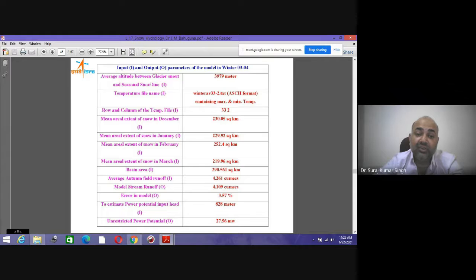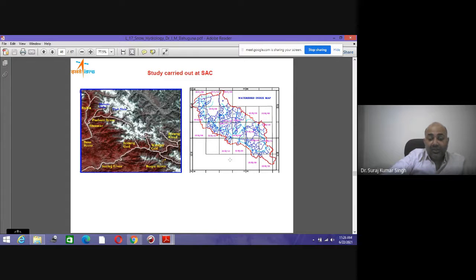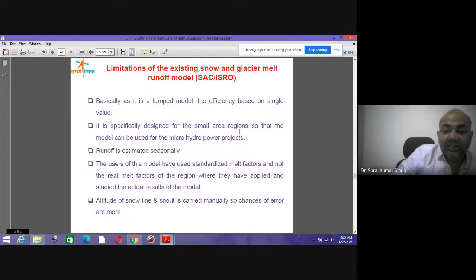Average altitude, temperature rise, mean of areal extent in different months, then mean runoff and model stream runoff. You can see that each and every area is divided into grids, and these grids represent the various topo sheets, which are further subdivided to get this glacier runoff model.